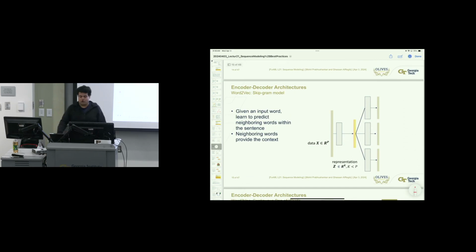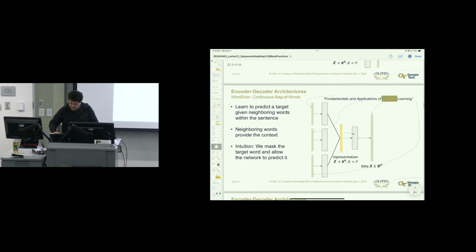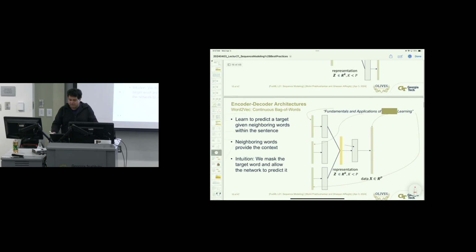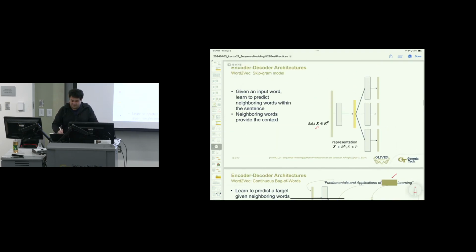A better way of thinking about how to get contextual spaces is by looking at neighboring words. Given a single word, the goal is now to construct all the remaining words next to it. Let's say I am given the word machine. The goal is to construct fundamentals of, and applications of, machine learning.